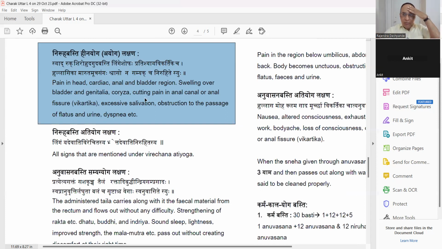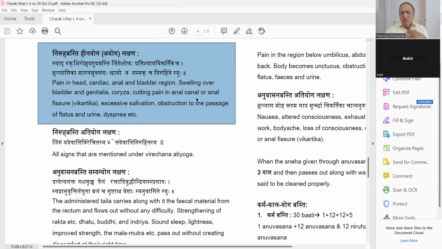Pain in the head because every ama, every toxin, prakupita vata, prakupita kapha, prakupita pitta is inside the body. So headache will be there, cardiac and chest discomfort, anal and bladder region discomfort, pain will be there, swelling over the bladder and genitalia, retention of the urine may be there. Okay, coryza, watering from the nose, cutting pain in the anal canal.